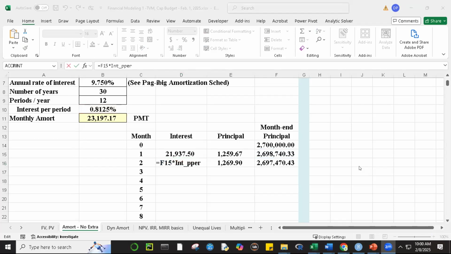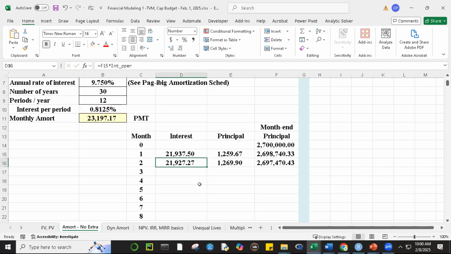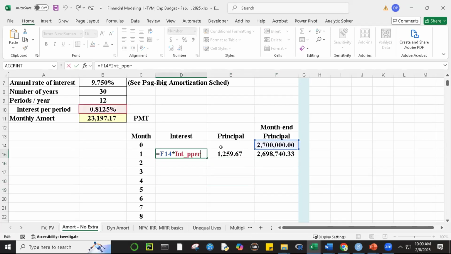Yes, that's correct. So what we can do is, after month 1, this formula will be the same for month 2. It will be the ending balance. How about the principal? The principal will also be equal to the amortization minus the interest.